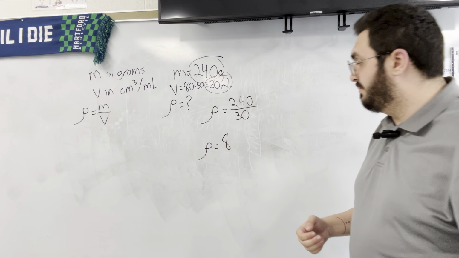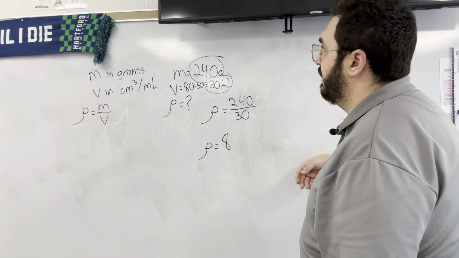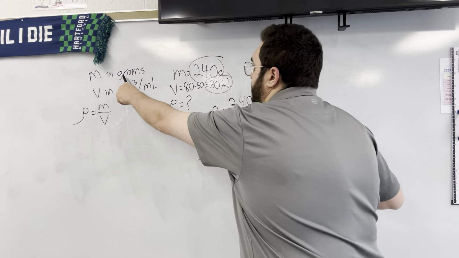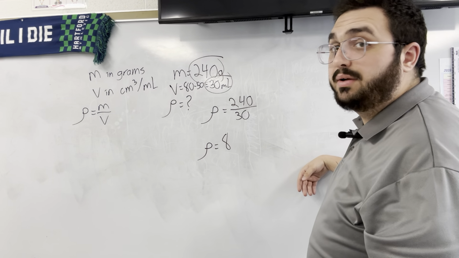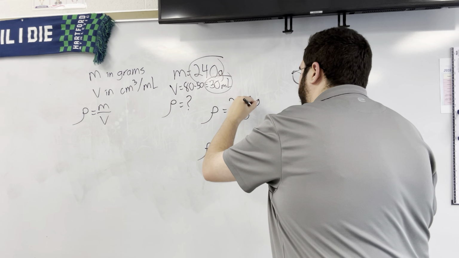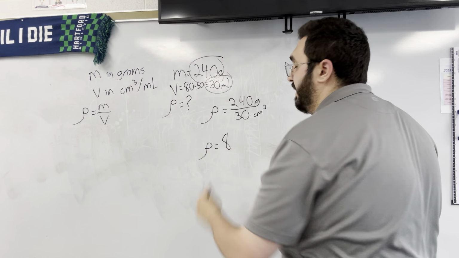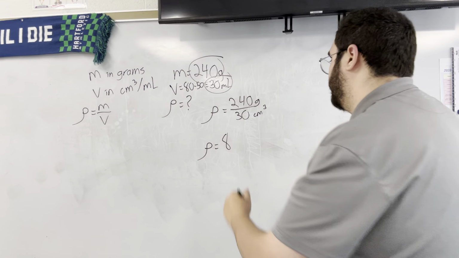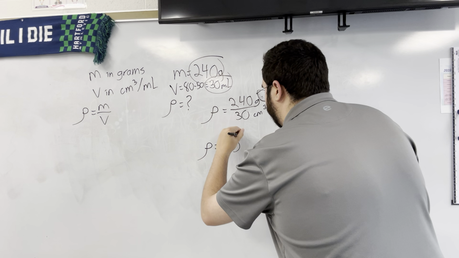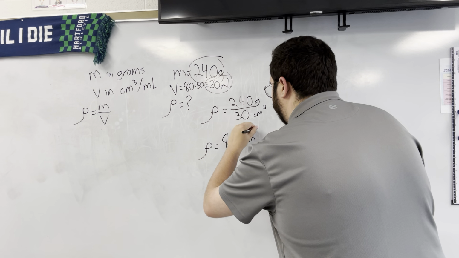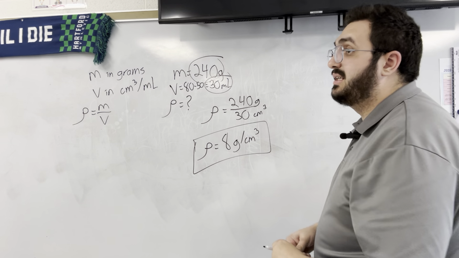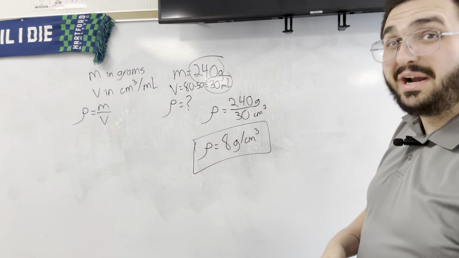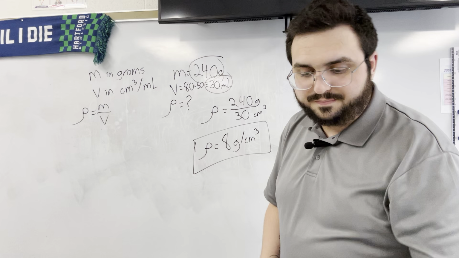So, that unit is going to be grams divided by cubic centimeters. Because that's literally what I did. This is grams divided by cubic centimeters. So, I put that into my units, grams per cubic centimeter, and that will be my answer. This is a very dense metal, essentially.